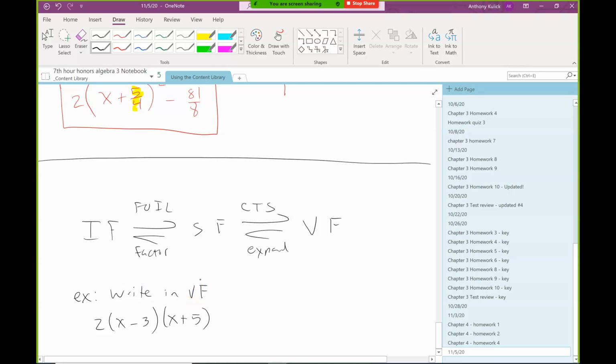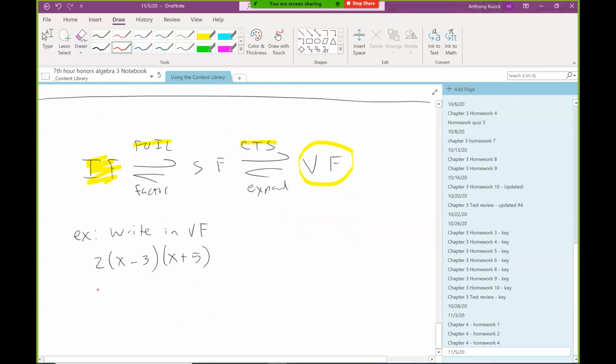So what if we ask you to take something like 2 times x minus 3 times x plus 5 and write that in vertex form? What form is that currently in? That's intercept form, right? We want to get to vertex form, so we're going to have to FOIL it out to get into standard form, and then do completing the square to rewrite it in vertex form. Everybody okay with that plan?